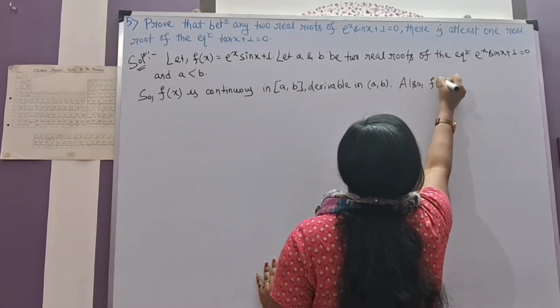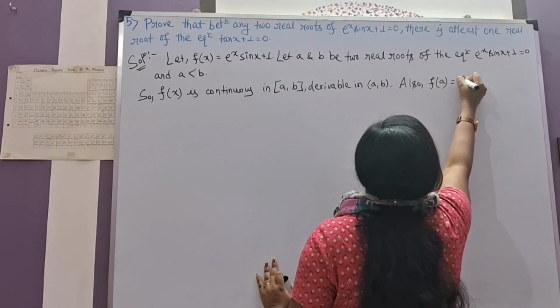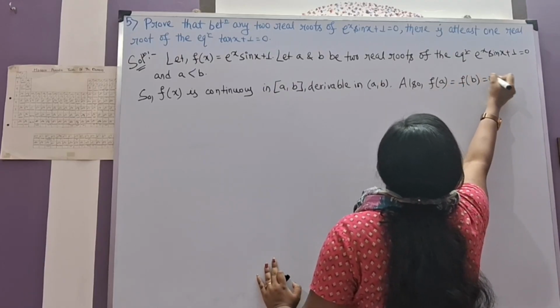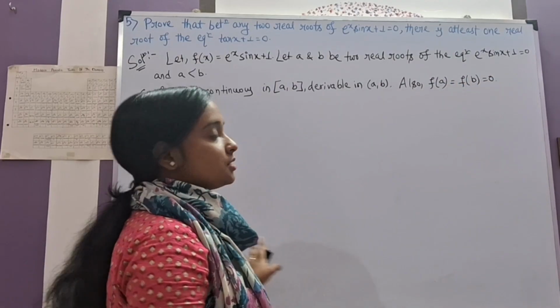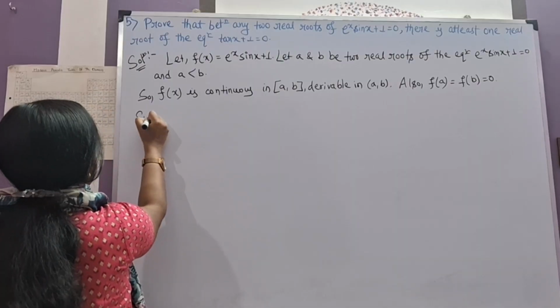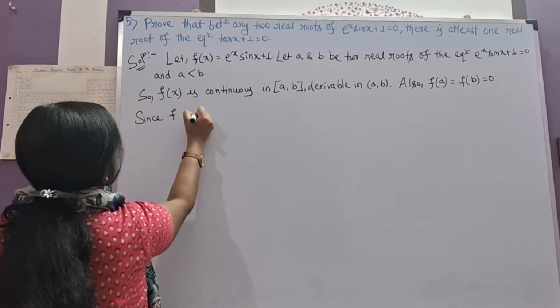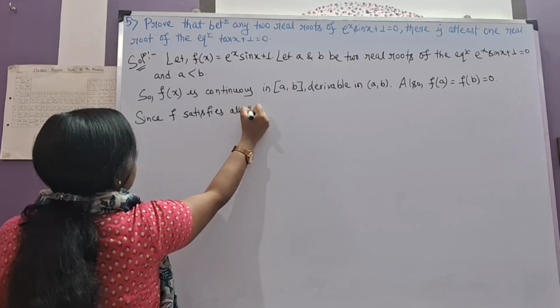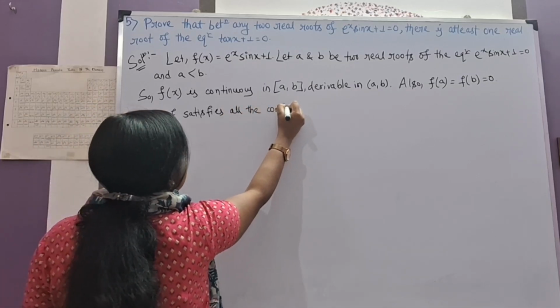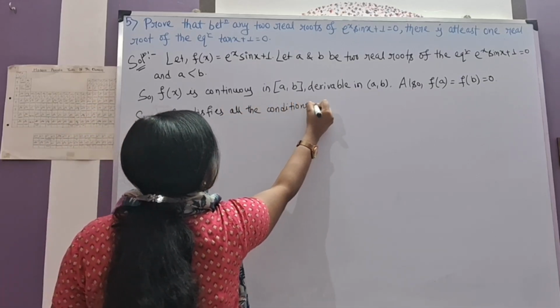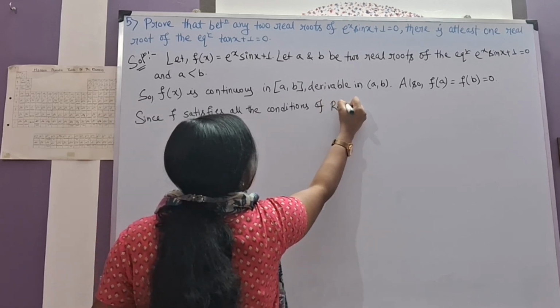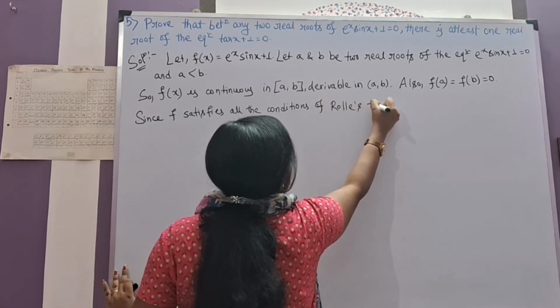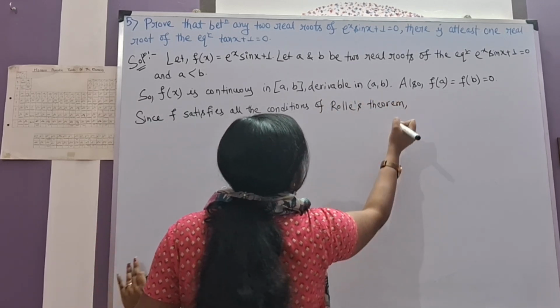Also, since a and b are two real roots of the equation, f of a equal to f of b equal to 0. So since f satisfies all the conditions of Rolle's theorem, what can we write?